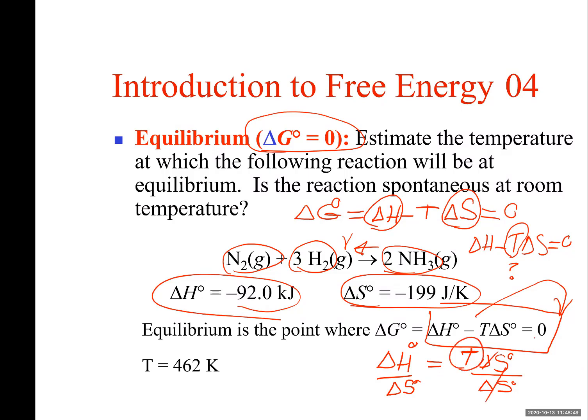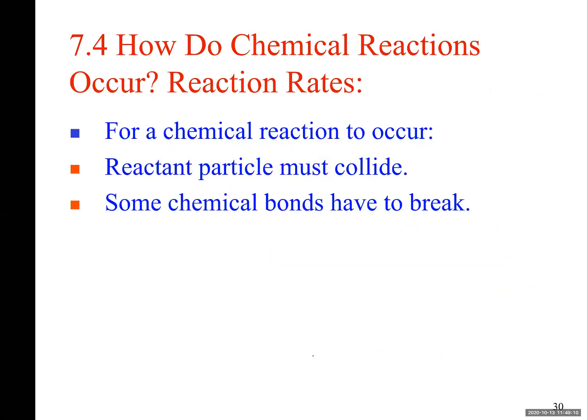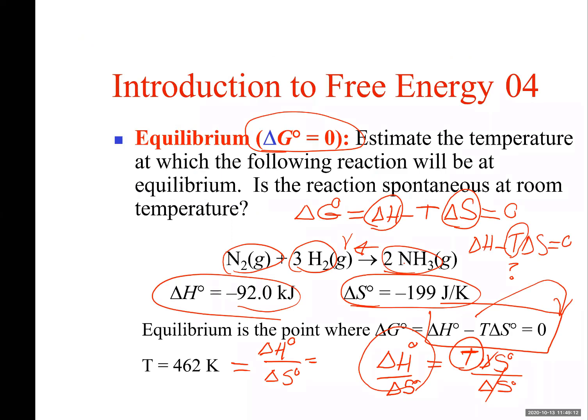If I do, you're left with T. T is delta H over delta S, right? So the T that you want to solve is equal to delta H under the standard condition divided by delta S under the standard condition, which is going to be delta H on the top.